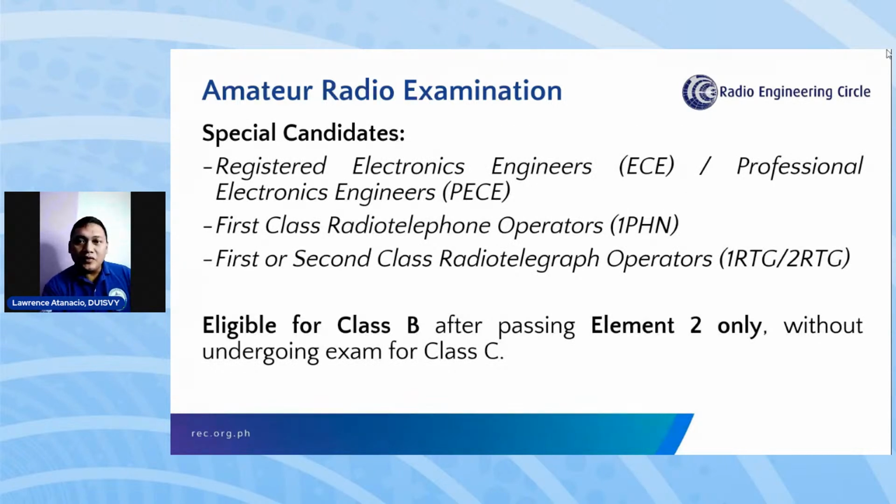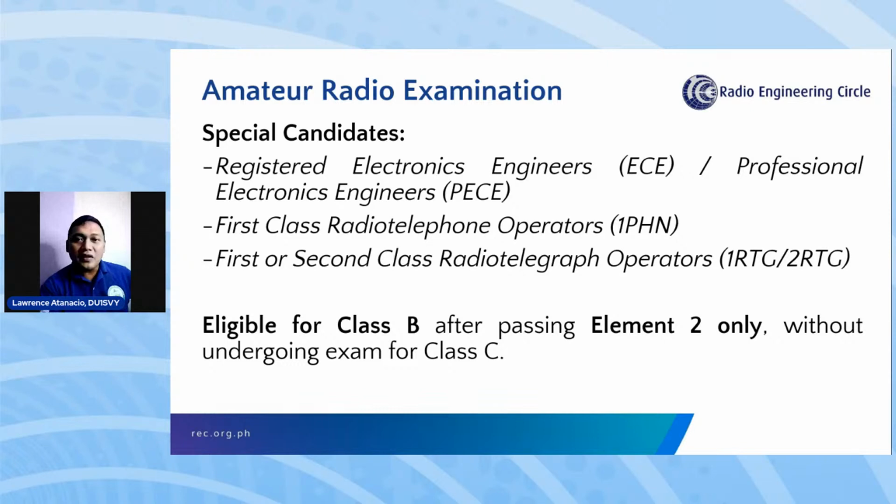Okay, so we have a special candidate, no? In order to upgrade their license, meaning hindi na dadaan ng Class C. Bakit daw? Kasi meron tayong tinatawag na special candidates. So ano daw po 'yan? Dapat po ay electronics engineer, yung ngayon kasi electronics engineer tawag na, hindi na ECE, no?